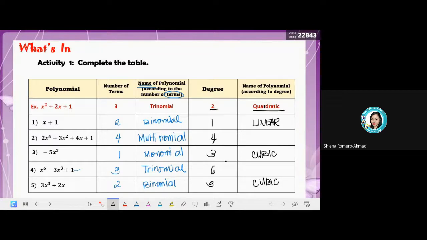Quartic? How about the others? Mag-search din kayo tulad ng classmate ninyo. Sila nag-search sila eh. Kung ano yung sagot.